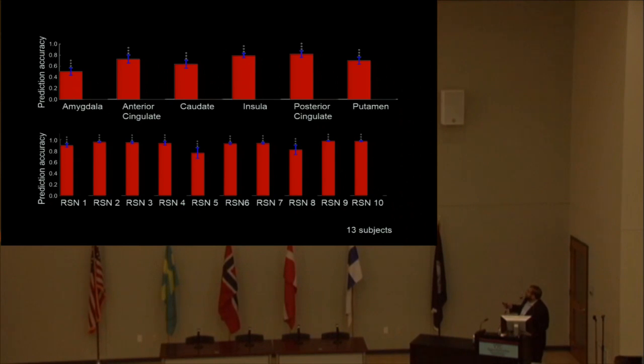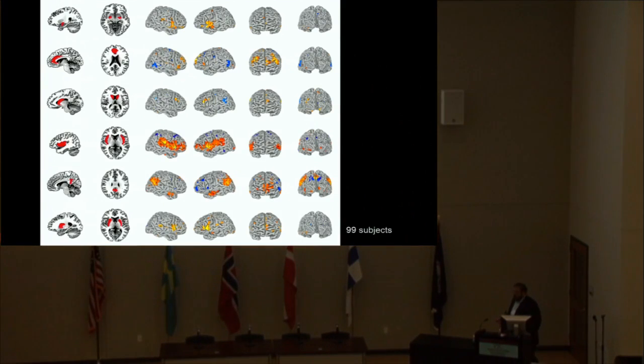So given this in a fairly small cohort, I wanted to look further at what regions of the brain these multivariate weights were telling us about what was going on to support these predictions. So we actually trained models on 99 subjects and did a group analysis which could show us what was consistent across individuals in terms of tracking these different regions and networks.